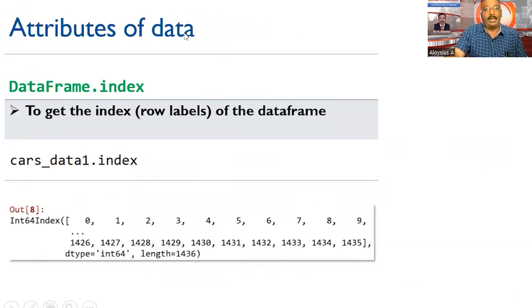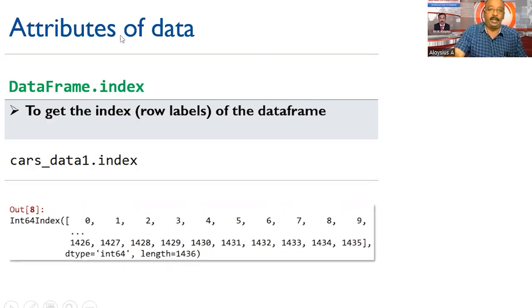Now coming to the attributes of data. Now that you have imported the data from the CSV file to a Pandas data frame, we can find out what the attributes of data are. There are various parameters available. The first parameter is index. DataFrame.index is a command used to find out how many rows there are in the particular data frame.